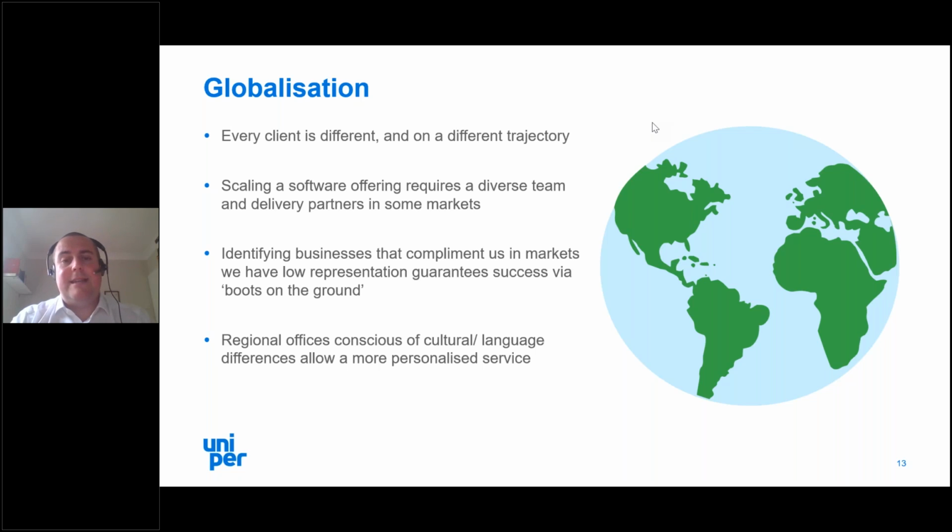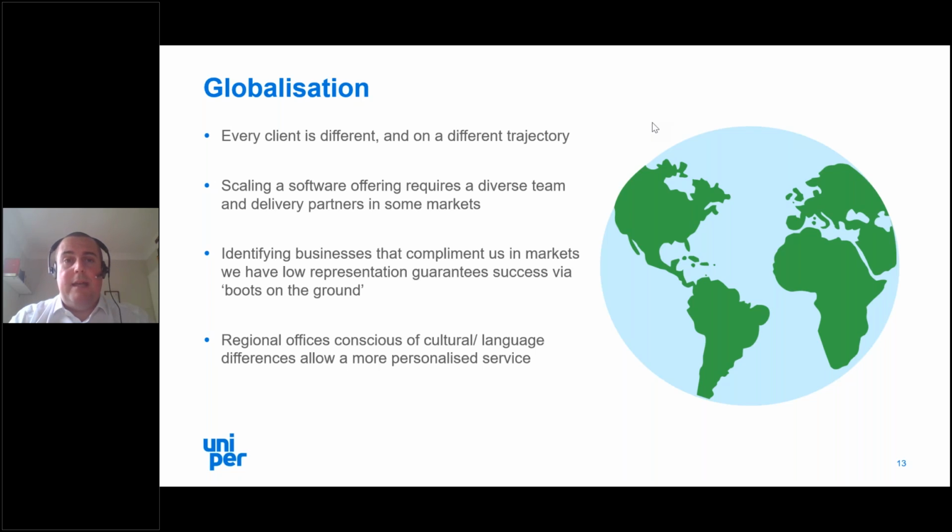And what that's done is that's guaranteed success, because we've also been able to offer boots on the ground, people to be able to go and see the customers, especially at the moment where we can't necessarily travel. Like I said, unfortunately, I can't be in India today. Otherwise I would be. But we've recognized that having these local partners really helps us with the implementation.